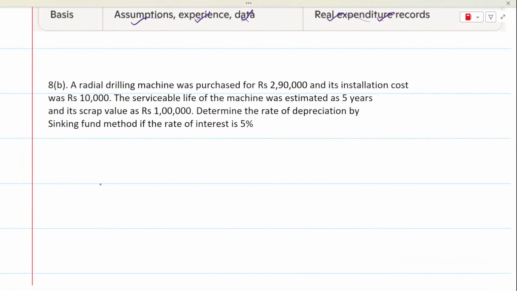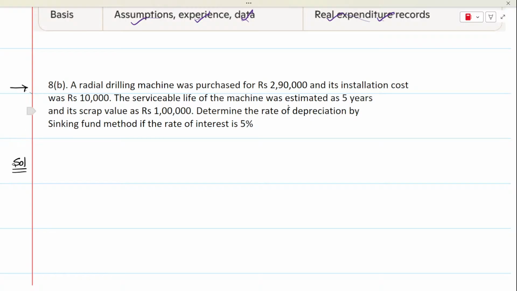Moving to next question, let's see a numerical question from estimation and costing. So here it is about a radial drilling machine which is purchased at a cost of 2,90,000 and installation cost was around 10,000 rupees.